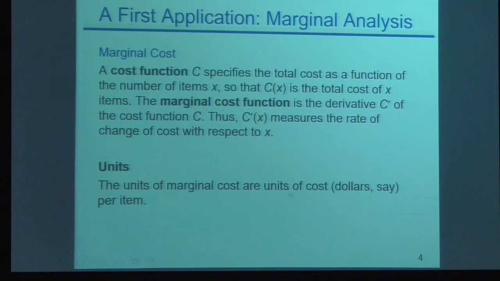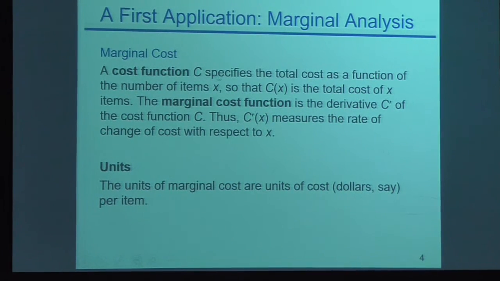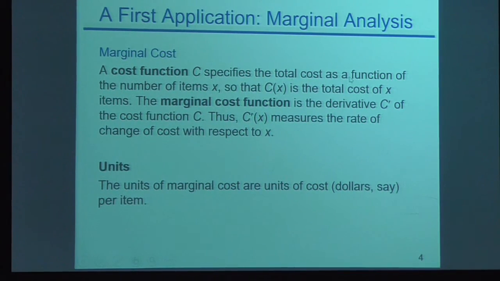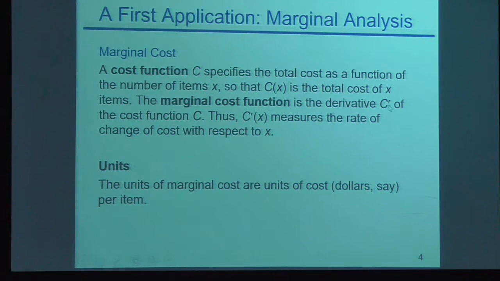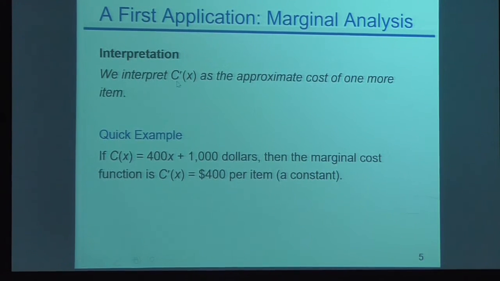A cost function C specifies the total cost as a function of the number of items. The marginal cost function is the derivative C prime. Let's look at an example. Here's a cost function.